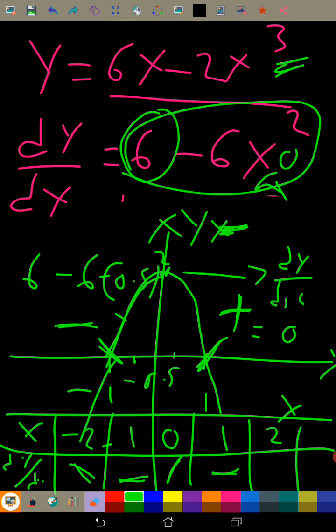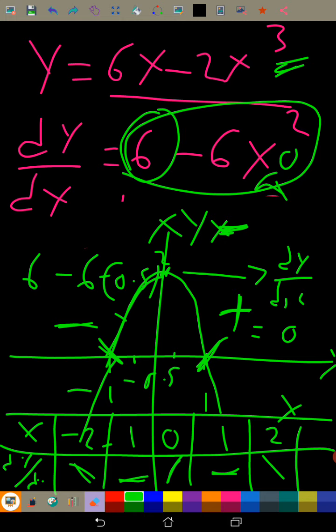It should go up, down, up, flat, and down. Should go down. Let's see if it's negative. So 2 is 4 times 6 minus 6. It's minus 12. So minus 12 plus 6, it's minus 6.